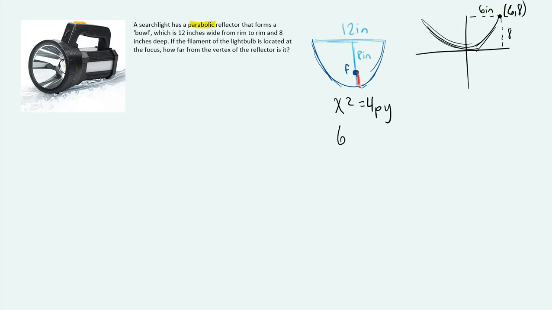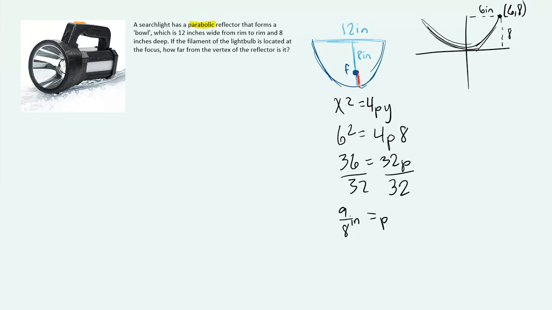Okay, so if I plug it in, 6 squared equals 4p times 8, then we have 36 equals 32p. Divide off the 32, and you get p equals 9/8 inches. You can plug that in and get the decimal, I think it's 1.125, but ultimately that's the distance from the vertex to the focus, which is what it wanted.